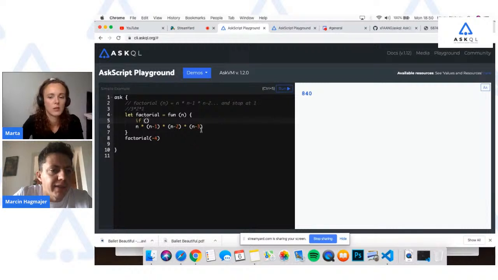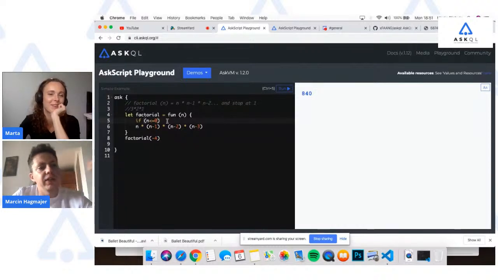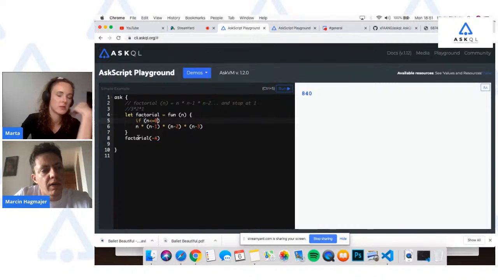Do I go like this? Yes, that would work. It's very common in programming languages. Do you remember what it means? If n is 0 or less than 0, then something happens. Exactly. Then you need the curly braces again to say what's supposed to happen.